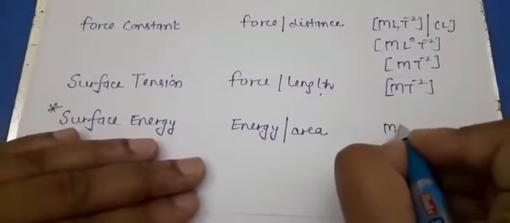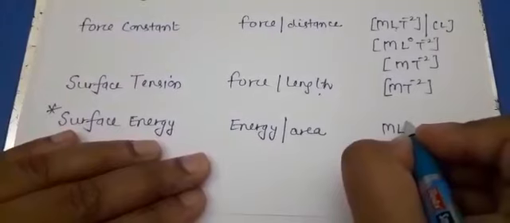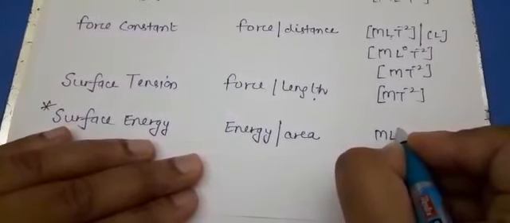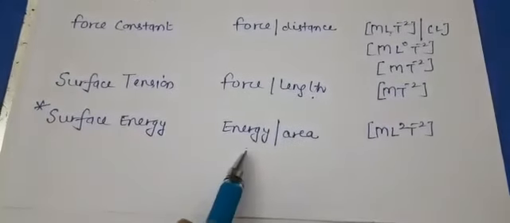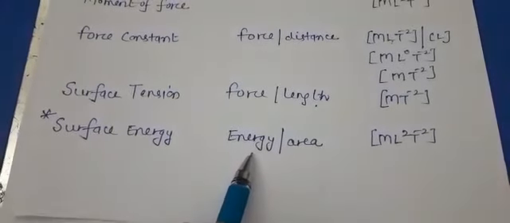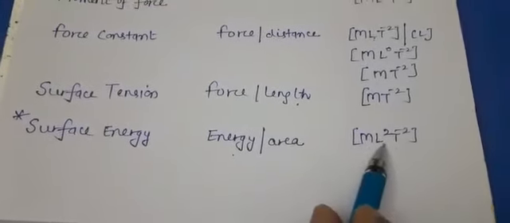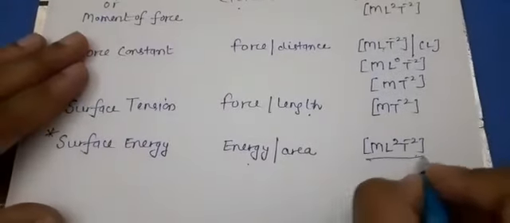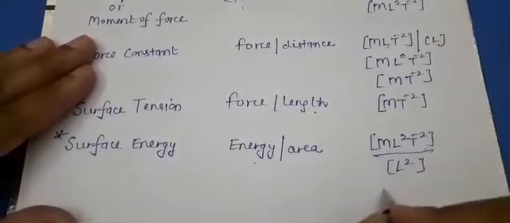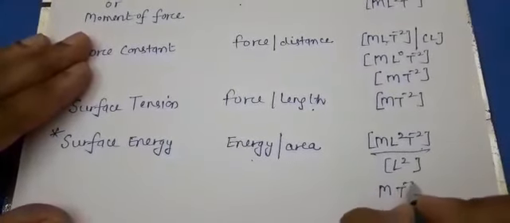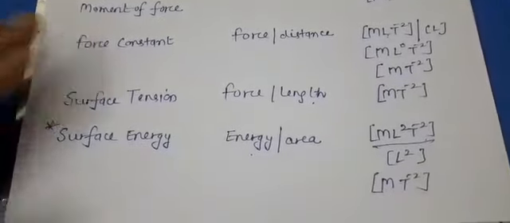Energy has the formula ML^2T^-2; we can recall that energy is force into distance, so ML^2T^-2. Area is L^2. So it will be MT^-2.